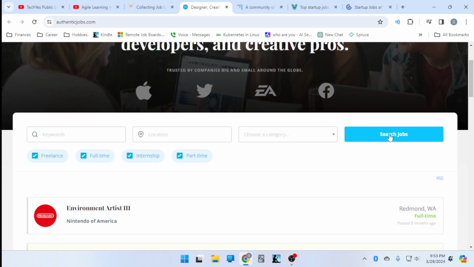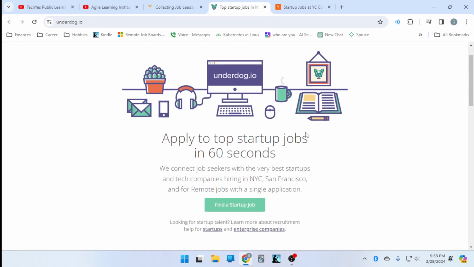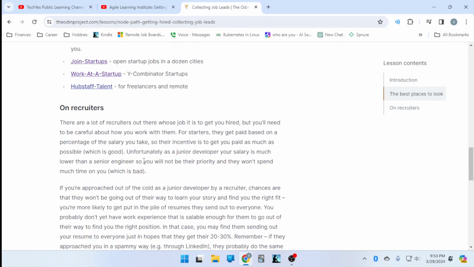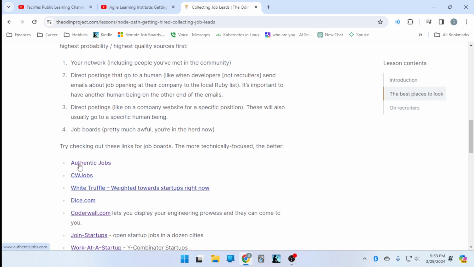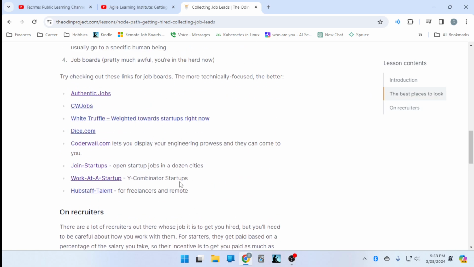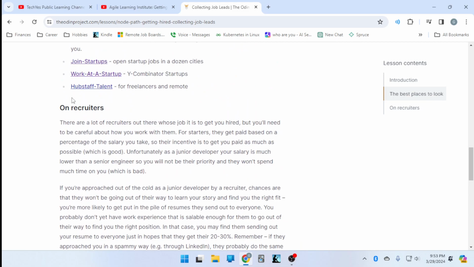Can filter out location. So, yep. And I guess this is not technically a job board. Oh, you know what? They are job boards, yeah. So pretty much awful. Not a good way to find a job. But of the job boards, there are quite a bit. You can definitely go deep in that rabbit hole.